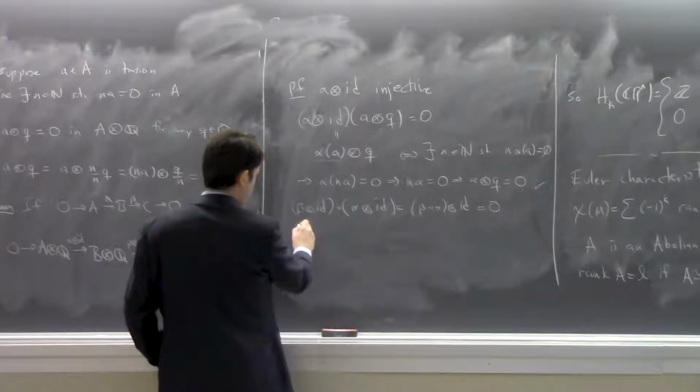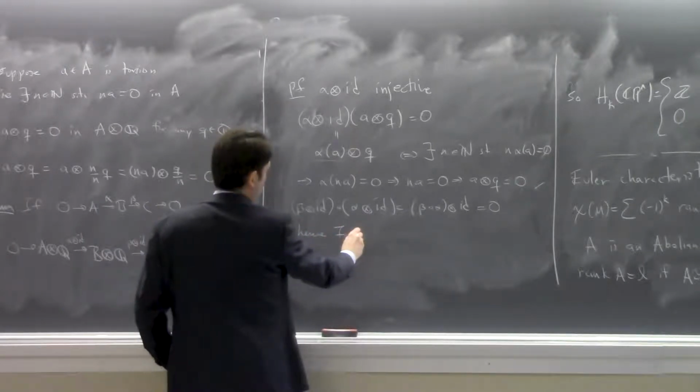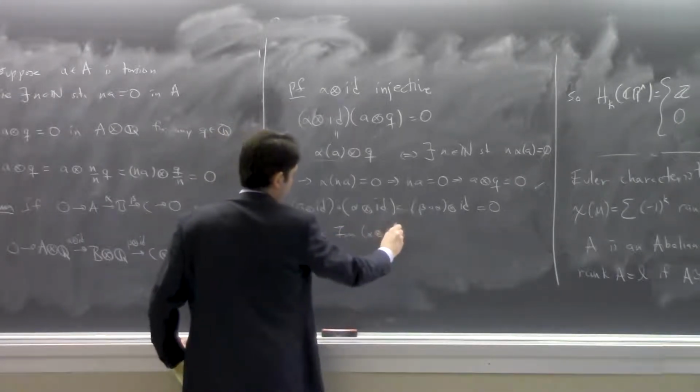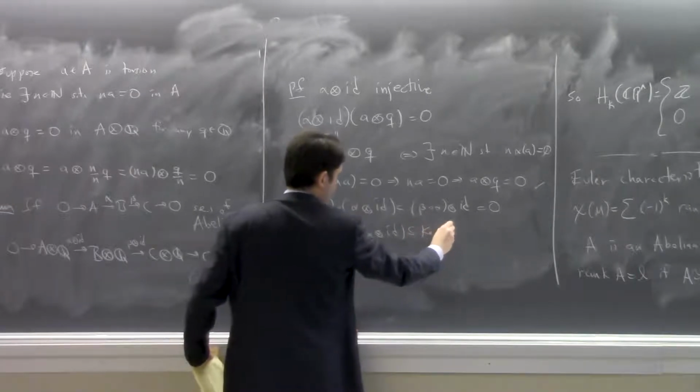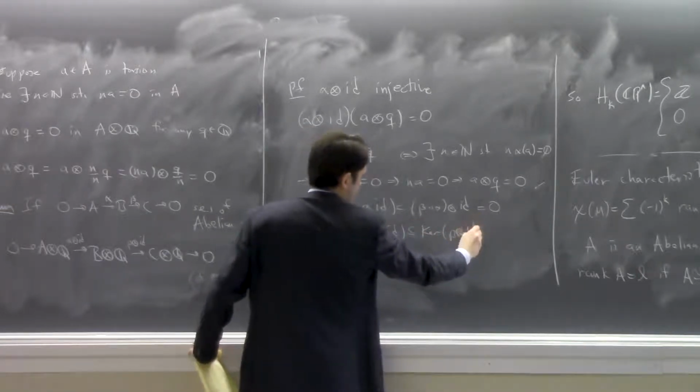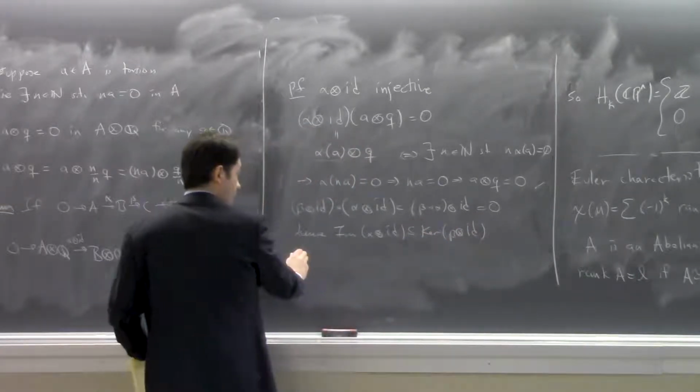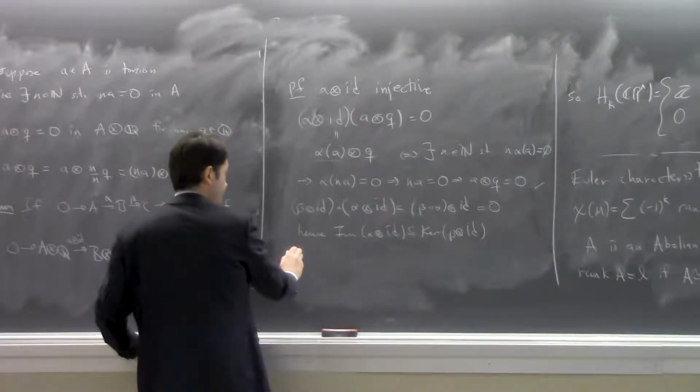So that tells us that the image of alpha tensor the identity is contained in the kernel of beta tensor the identity. So we just need to check the opposite.